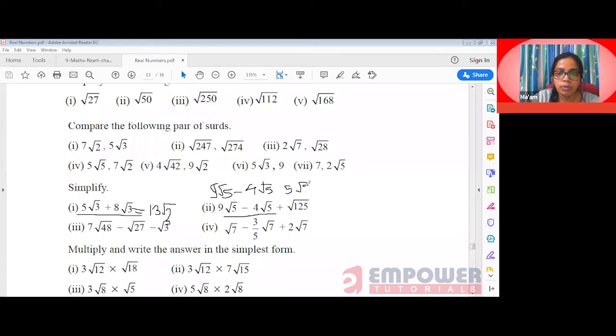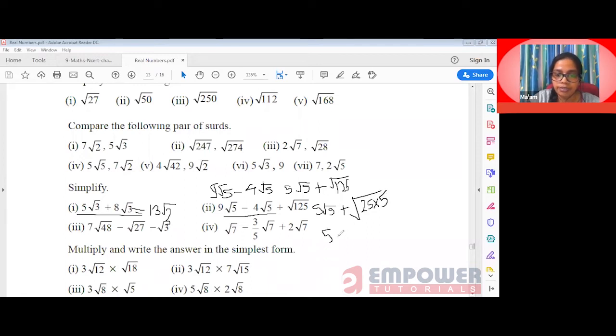Now what about root 125? Root 125 is not a like surd to root 5 and root 25. So I have to convert this into simplest form. So I need to factorize 125. So this will be root 25 into 5, right?